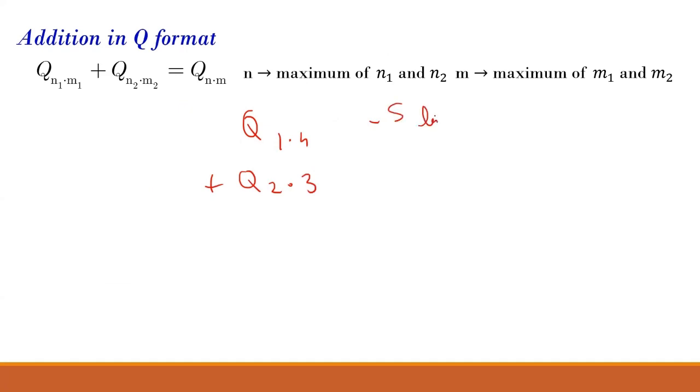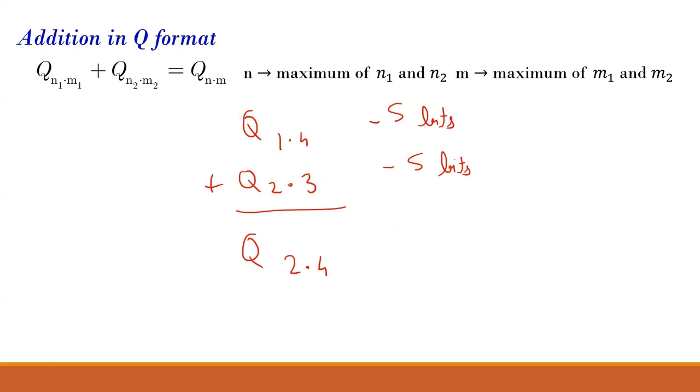See, both are of 5 bits, but this N and M are not equal. So when you add it, it would come out to be Q2.4: the maximum of N1 and N2, and the maximum of M1 and M2. So that also you must take care.